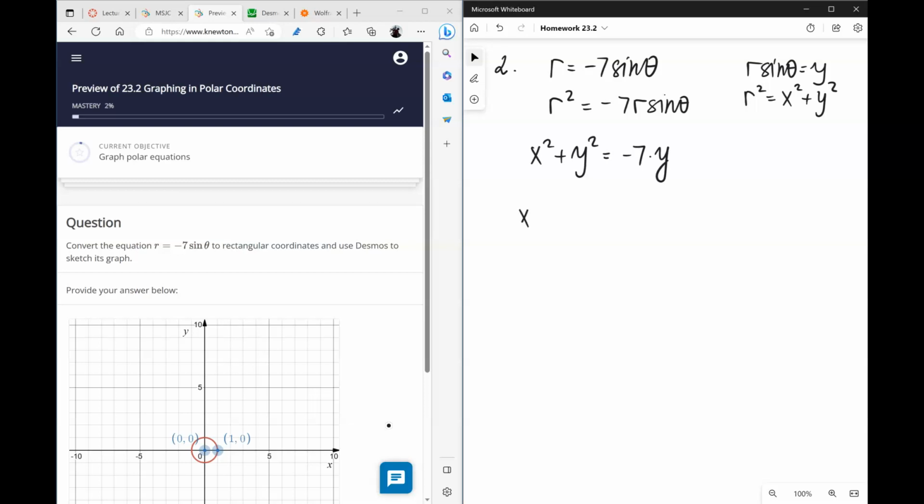And now we're going to bring everything to the same side, complete the square, and here's what we get.